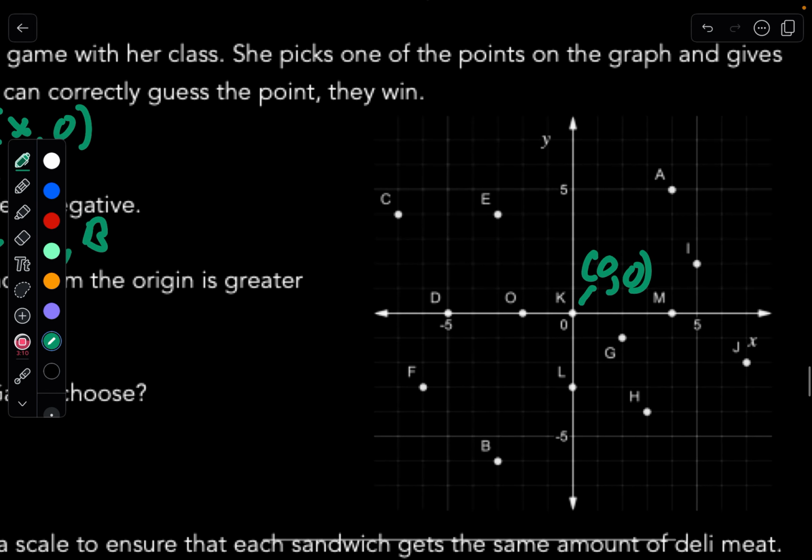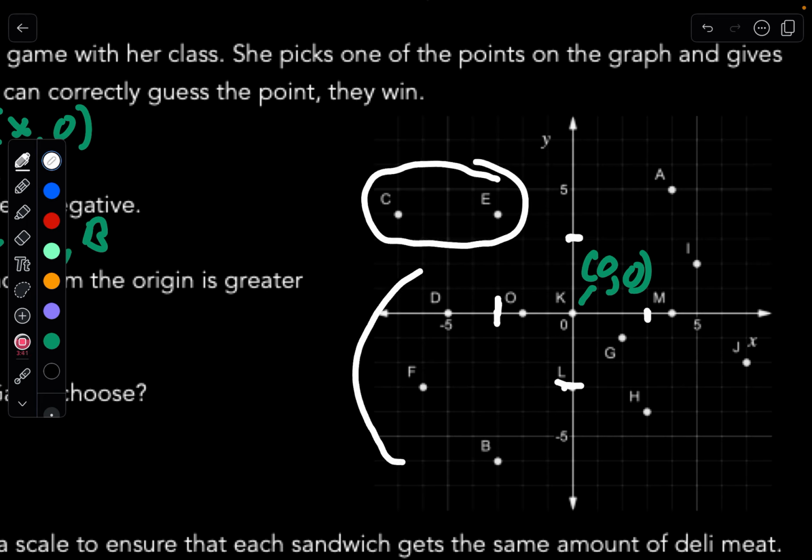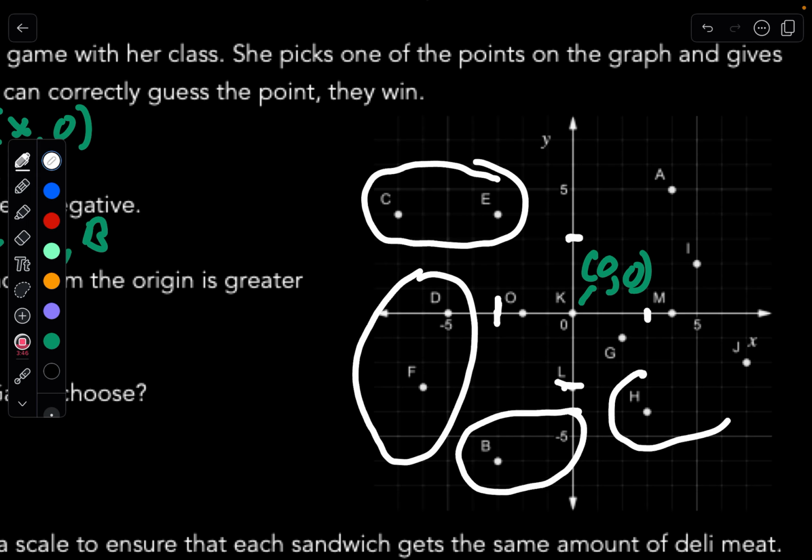So if you look at this, 1, 2, 3. So here's 3 on the x. 1, 2, 3. Here's 3 on the y. 1, 2, 3. Here's 3 on the left. 1, 2, 3, and here's 3 down below. So it's got to be any of these points further away to the left or above. Pretty much all these points will satisfy.